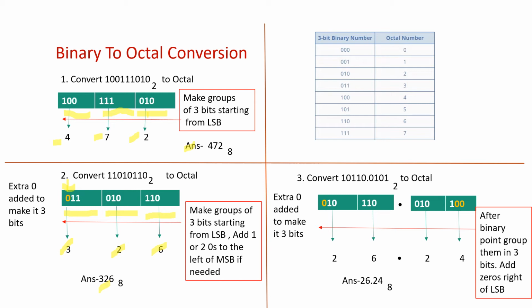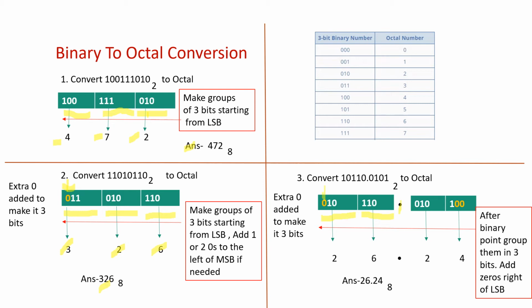Next example, we will convert 10110.0101. Here we are seeing a binary point, so we will see how to deal with this. The binary number to the left of the binary point, we again group into 3 bits, and we find that an extra 0 is needed to make the last group a 3-bit group.